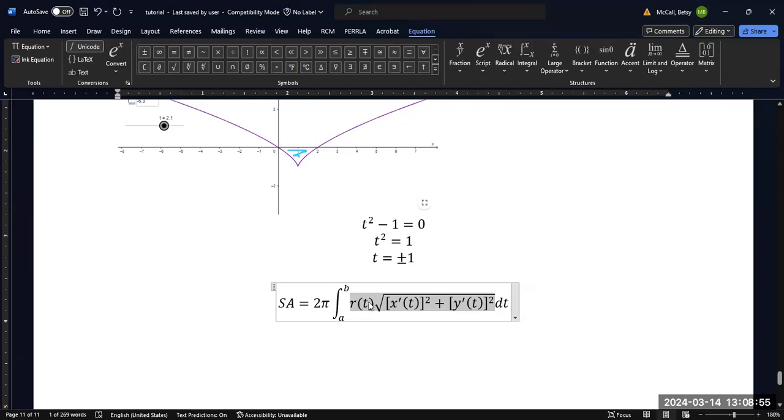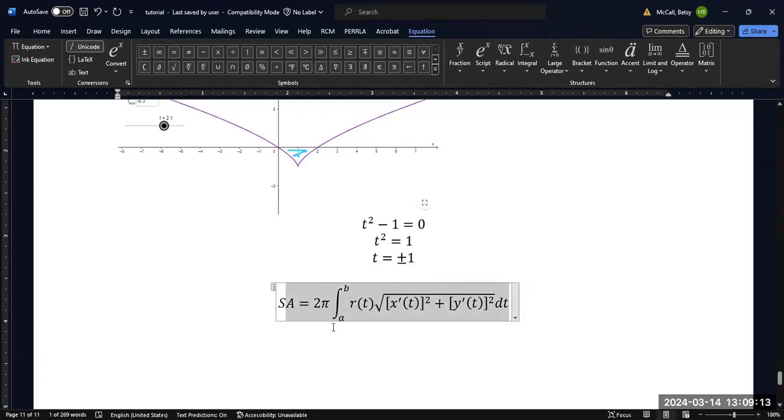So that would become y around the x-axis. And if we rotate around the y-axis, then the radius is now the distance to the point on the curve that we're rotating. And so that just becomes x of t.